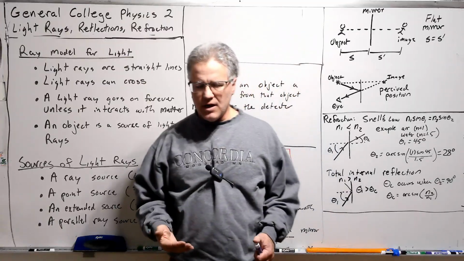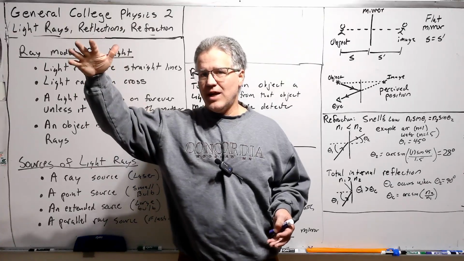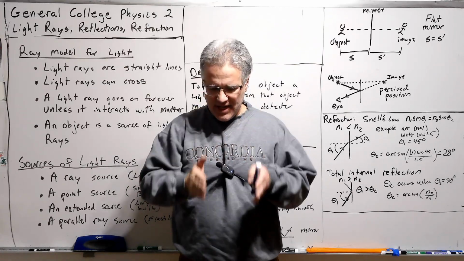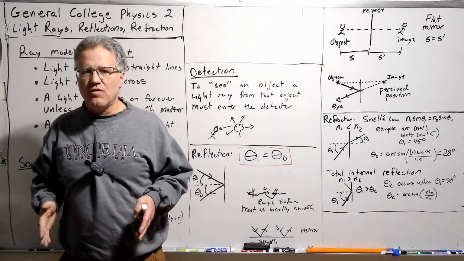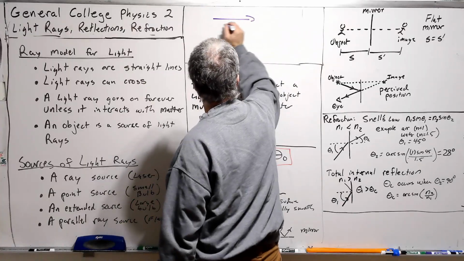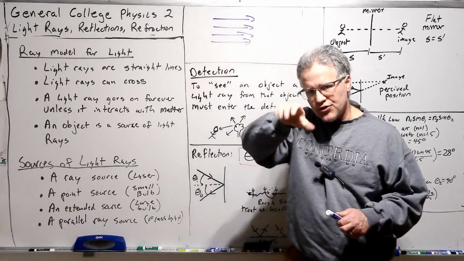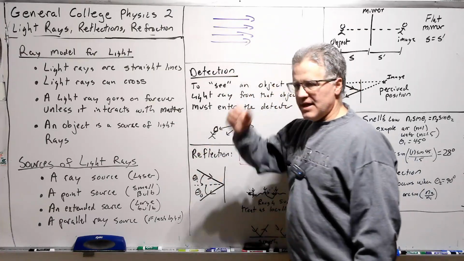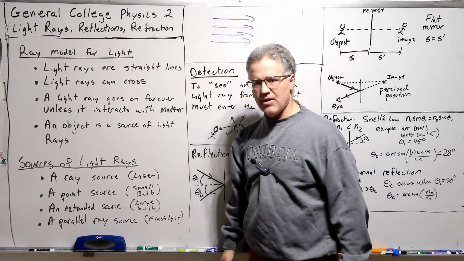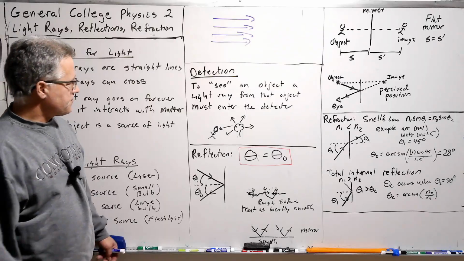The pinnacle example of that is the sun. The sun is so far away that the difference in angle of a light ray hitting us here versus a meter over is negligible. So that would be a parallel ray source. And we think here of a spotlight or a directional flashlight as a parallel ray source. So these are handy sources to be thinking about how these interact with objects.